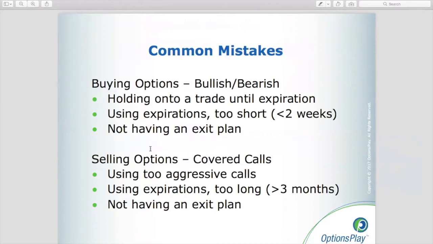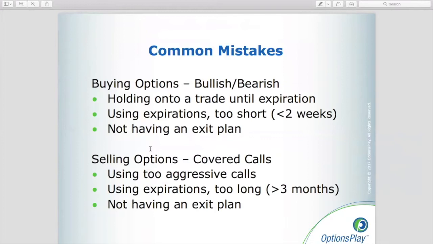When you're buying an option, you typically want to get in and out as quickly as possible because of the theta that I just referred to. As time goes by, your option will actually lose value. So you want to place your trade, and if the stock moves in your direction, get out, take your profits.